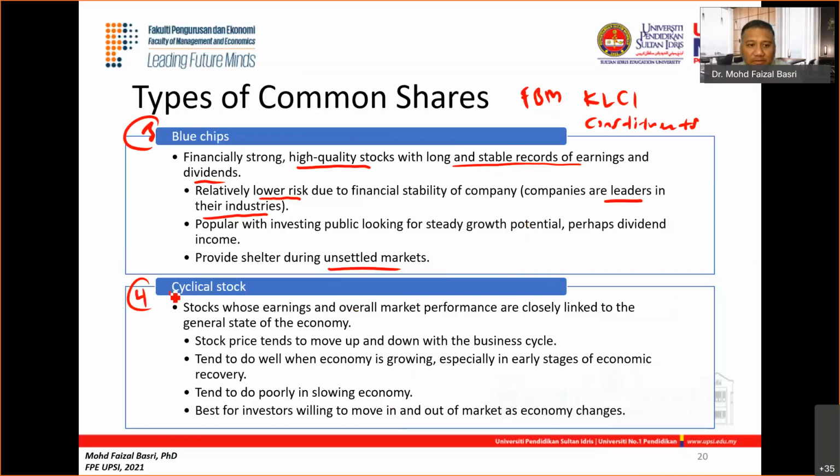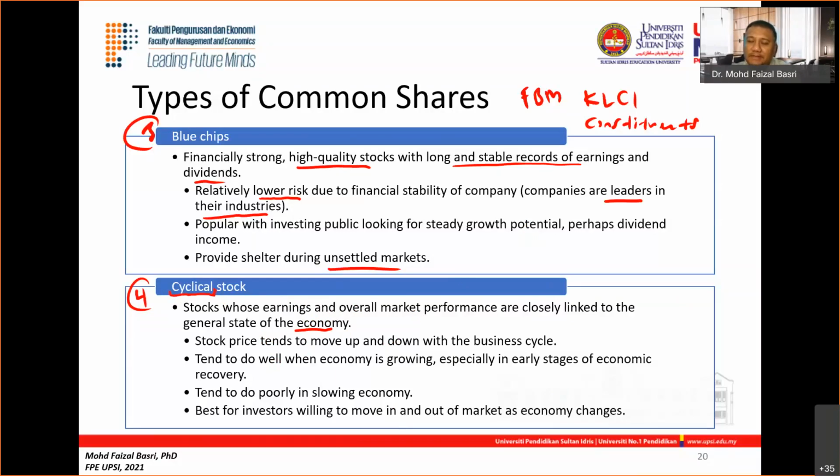Number 4, cyclical. Okay, so the keyword here is cycle. Cyclical is referring to the cycle, either the economy cycle or the business cycle. So the performance of the company works closely with the performance of the general state of the economy. So in other words, if the economy is doing well, the companies will perform well.